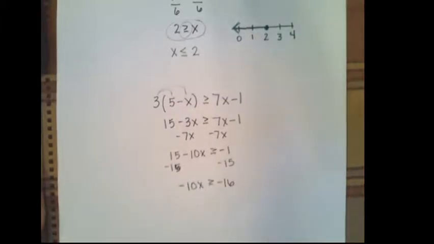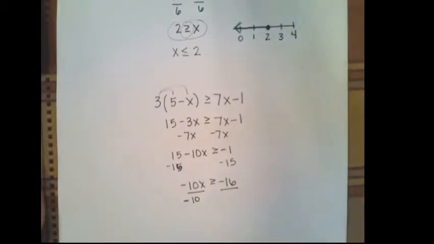And this is where we run into a little bit of a problem dealing with this negative number. So I want to divide like I normally do, but I'm not dividing by just 10. I'm dividing by negative 10.